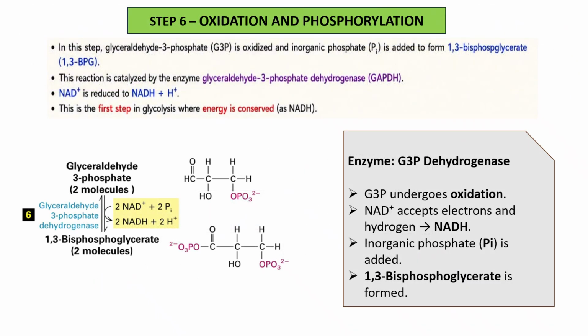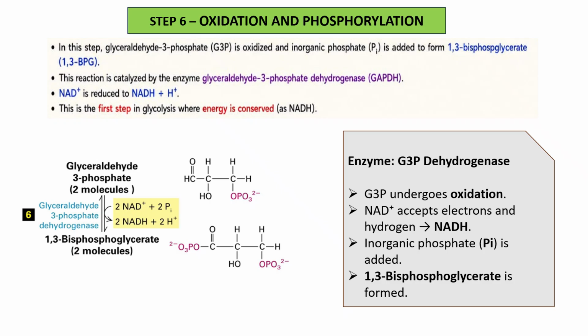Step 6. Oxidation and phosphorylation of glyceraldehyde 3-phosphate. In the sixth step of glycolysis, glyceraldehyde 3-phosphate undergoes oxidation and phosphorylation to form 1,3-bisphosphoglycerate. The reaction is catalyzed by the enzyme glyceraldehyde 3-phosphate dehydrogenase.